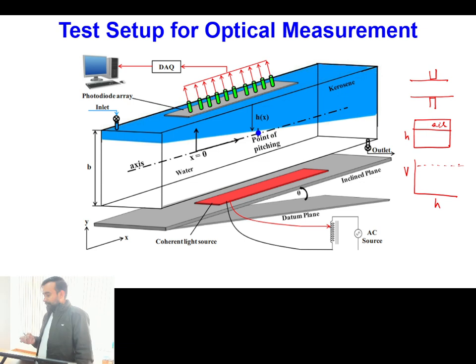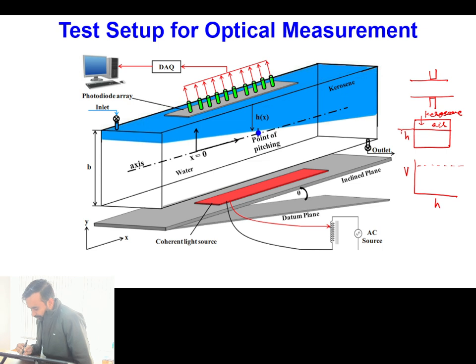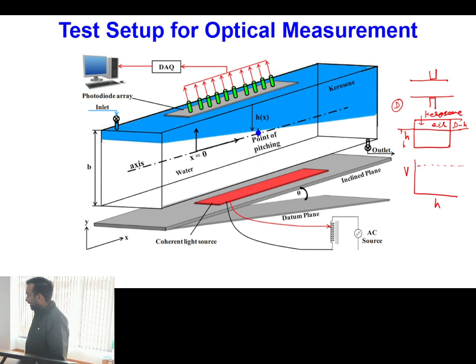Okay, but when I replaced air with some other type of fluid, for example, the graph previously shown was for kerosene. So now if h is the height of water, and capital D is the internal diameter, then the remaining portion is D minus H. So the D minus H portion is actually filled with kerosene.